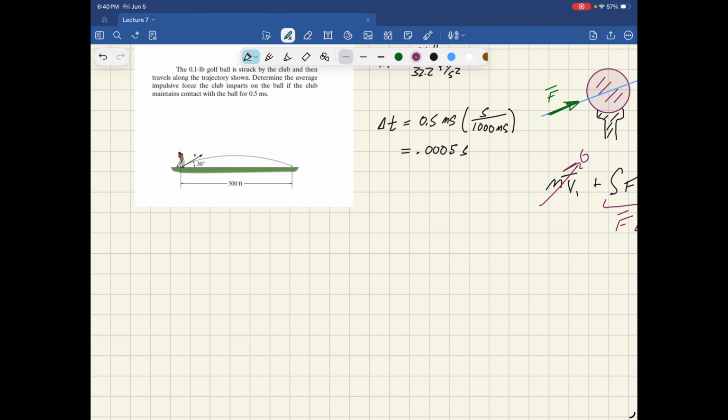So we know the distance the ball travels. So distance, and we know that it's going to be the horizontal component of the velocity. So it's going to be v2 times the cosine of 30 degrees times some value t is going to equal 500 feet.